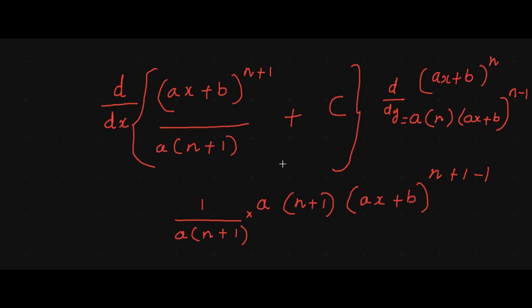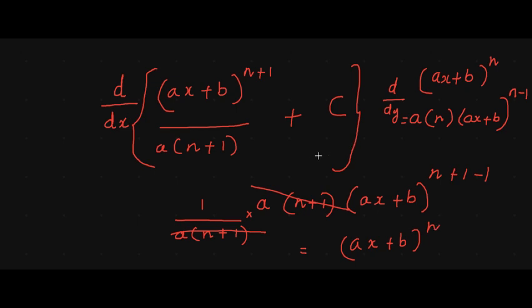As you can see, the a(n + 1) and a(n + 1) cancel out. n + 1 minus 1 becomes n, and therefore that is equal to (ax + b) to the power of n.